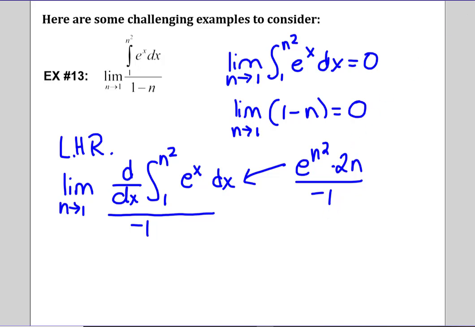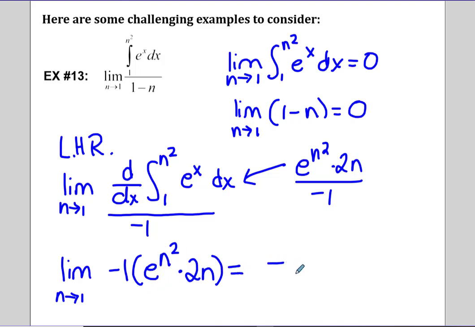And if we took the limit at 1, so taking the limit of negative 1 e to the n squared times 2n, got to be careful how I'm writing that, 2n, not 2 to the n, oh yeah, taking that limit, that's going to be negative 2, and then 1 squared, it's going to be negative 2e.